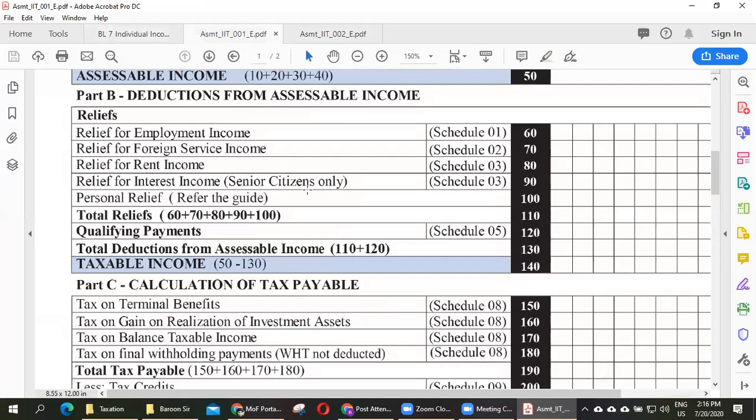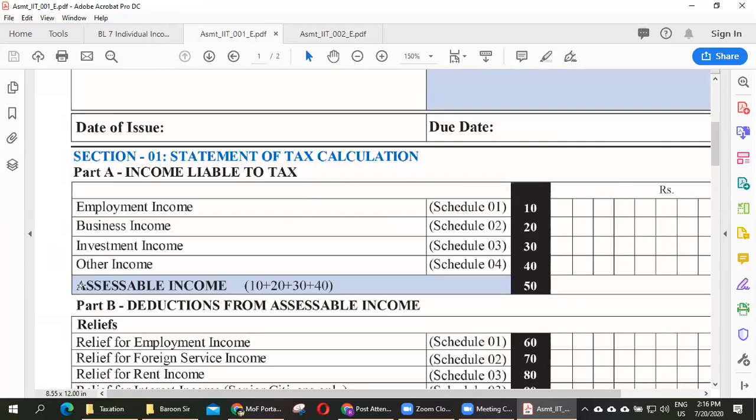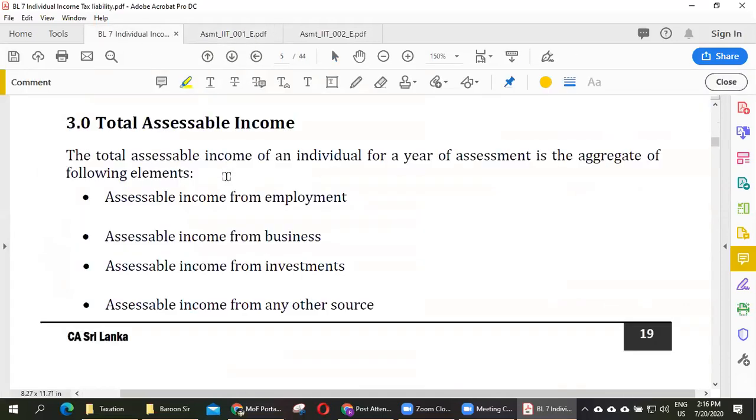And now the total assessable income. When you look at this part: assessable income equals employment income, business income, investment income, and other income. Now let us look one by one. The total assessable income of an individual for a year of assessment is the aggregate, meaning the total, of the following elements: assessable income from employment, assessable income from business, assessable income from investments, and assessable income from any other sources.